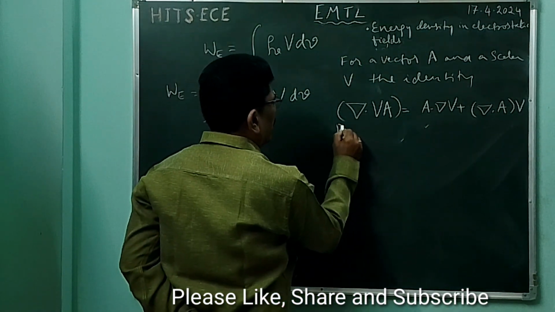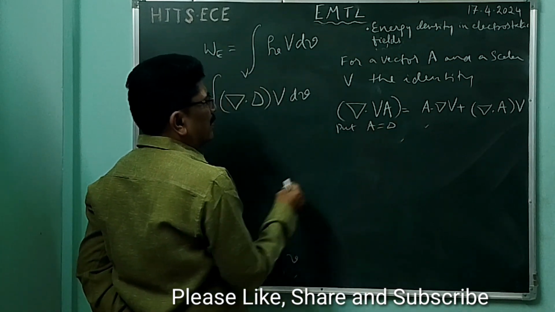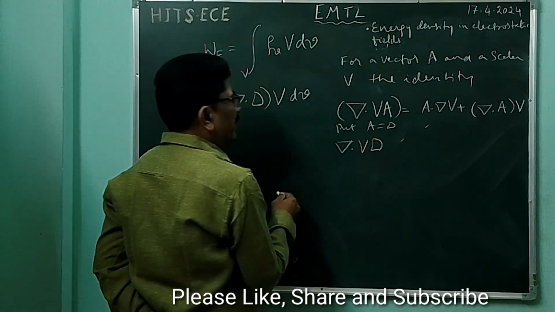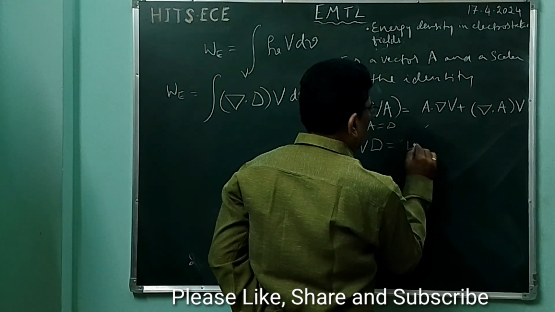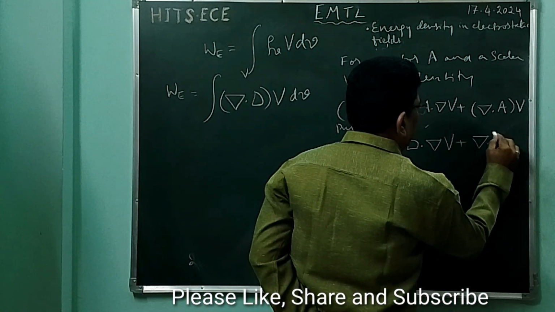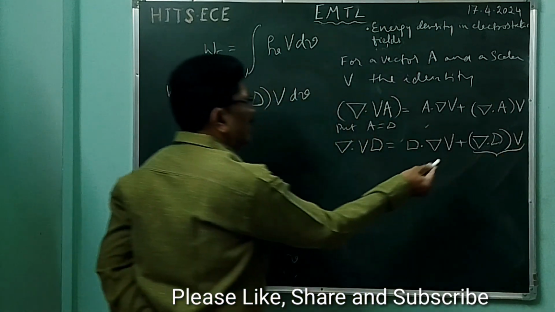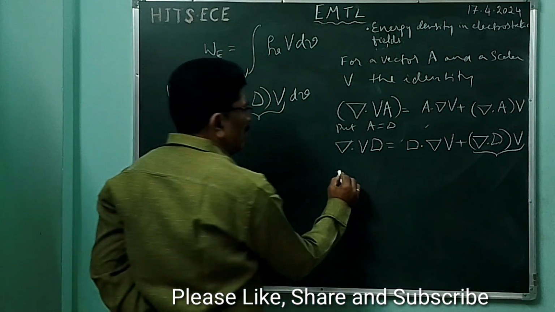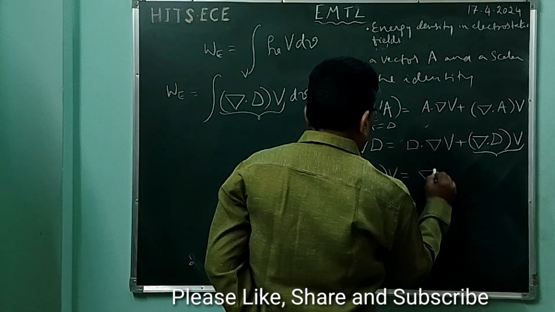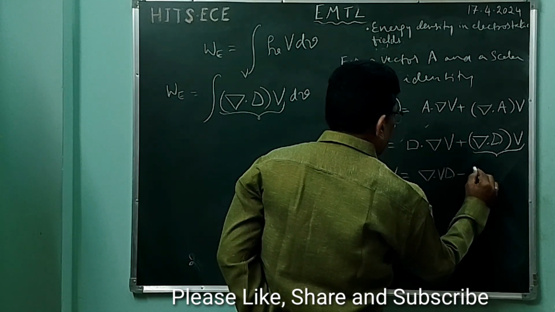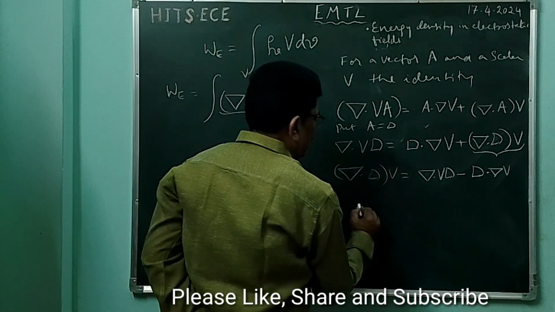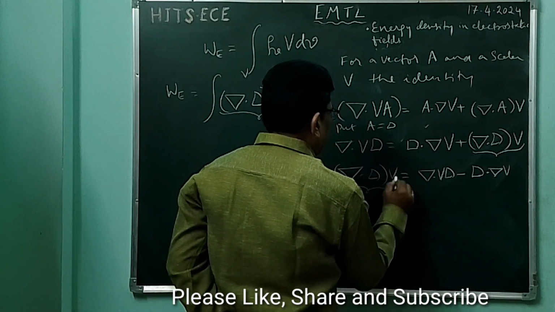In this identity, put A equal to D. Then this expression becomes ∇·(VD) = D·∇V + (∇·D)V. This (∇·D)V can be substituted: (∇·D)V is equal to ∇·(VD) minus D·∇V.